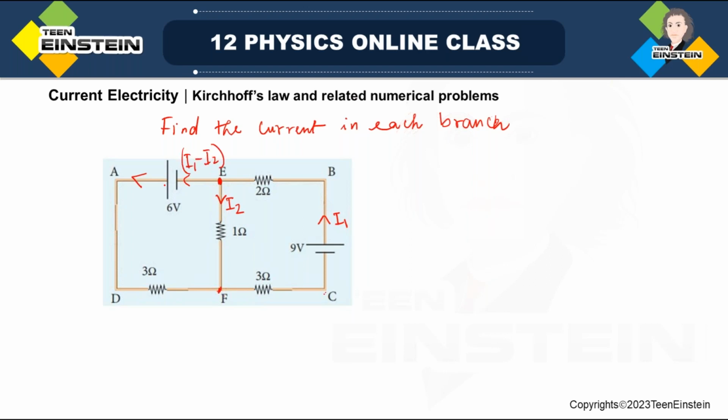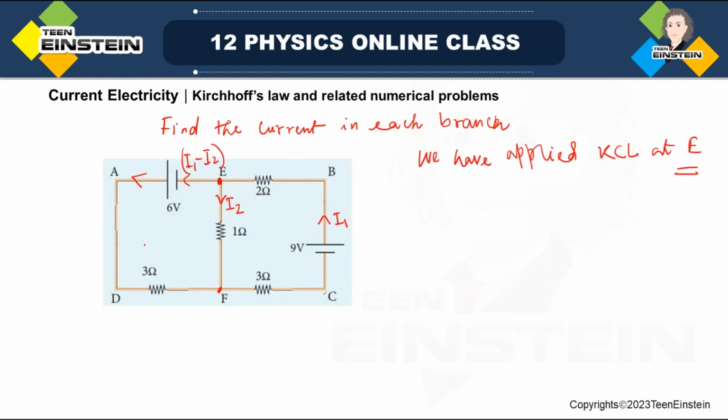So I'll go with this convention. So here, see, what we have applied at this junction point E is KCL.